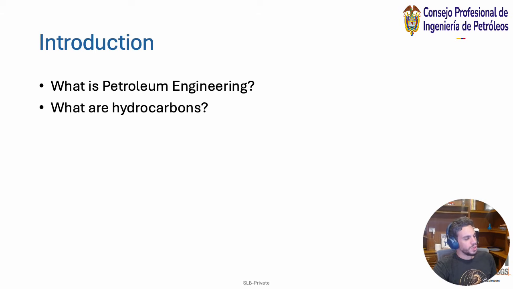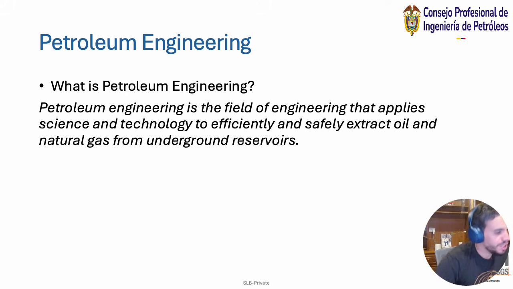So, the first question we want to ask is, what is petroleum engineering and what are hydrocarbons? Petroleum engineering is the field of engineering that applies science and technology to efficiently and safely extract oil and natural gas from underground reservoirs.